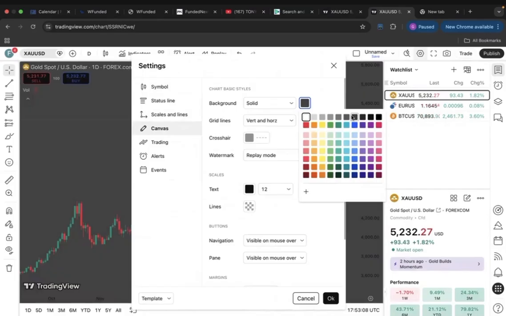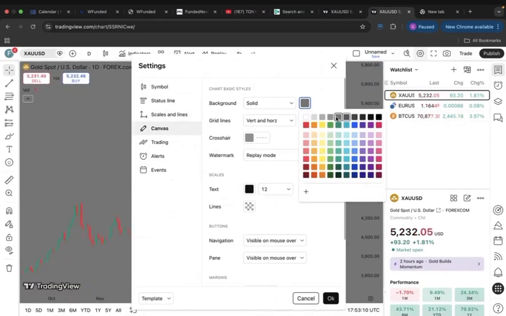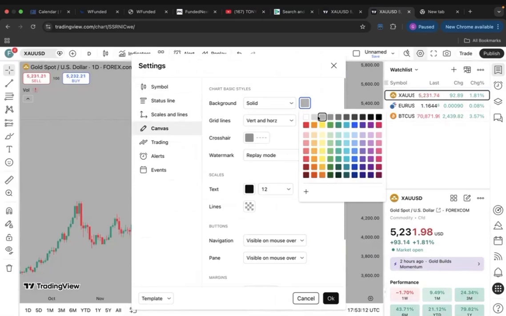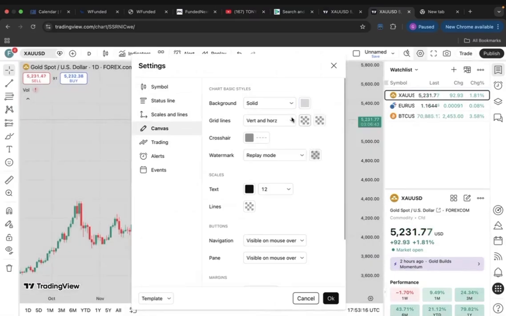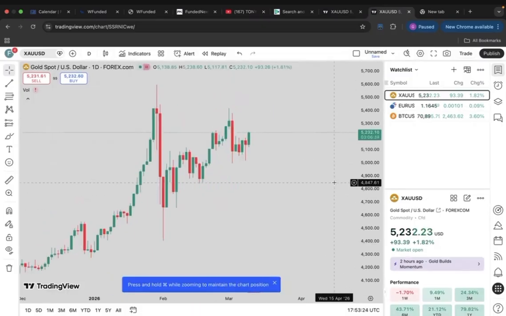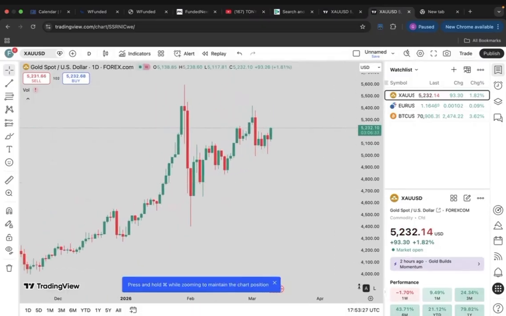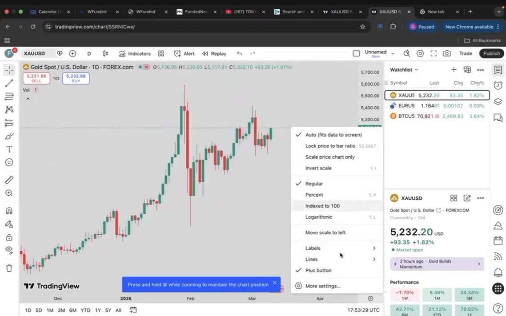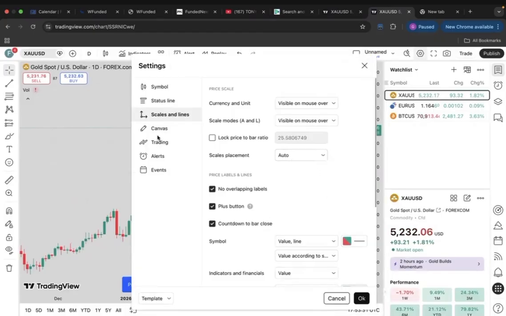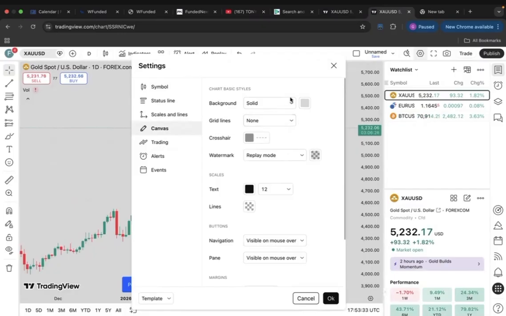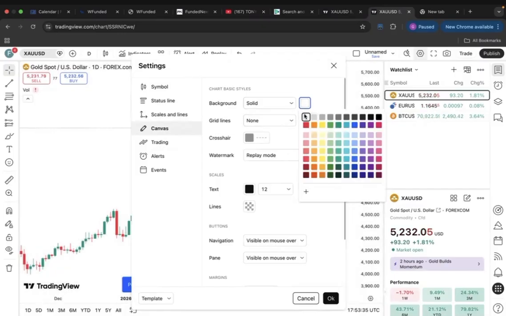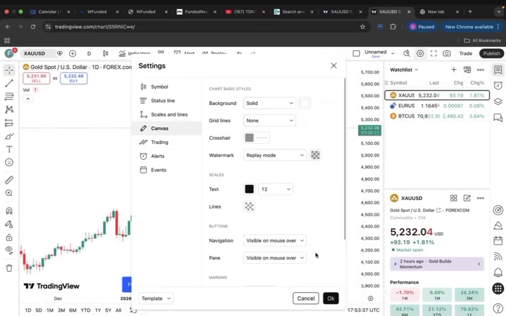For those that love black, you can change yours to black. For those that love white, you can change yours to white. You can just play around with it in your free time and use the one that suits you more. Alright, so for me, I love pure white, so I'll be changing it back to pure white.